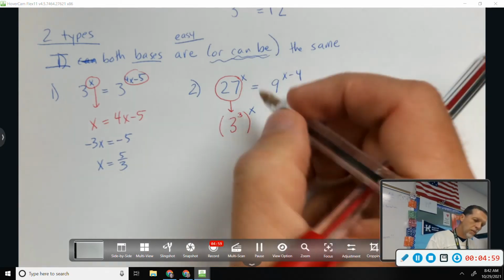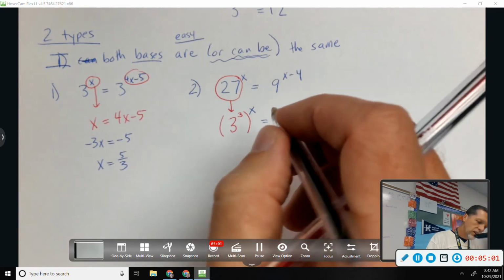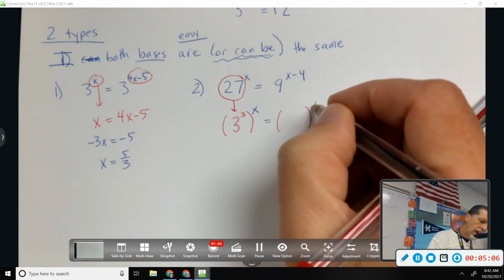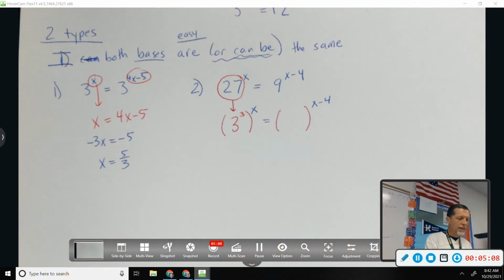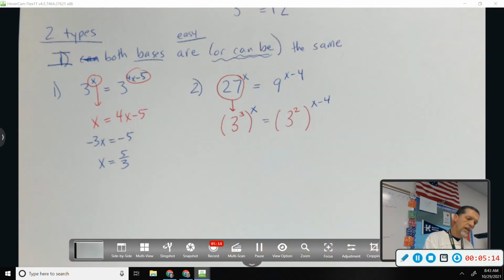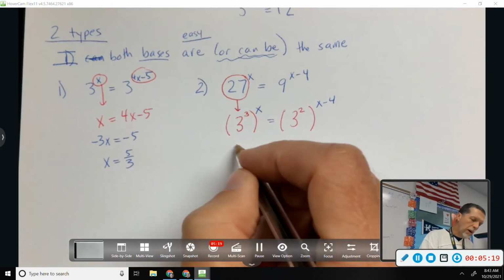And now 9 is 3 to the 2. I picked 3 because I knew that I could rewrite 9 as 3 to some power as well. Does that mean it would be 3x equals 2x minus 8? Yes, you skipped the step on me. Power to a power, you multiply.